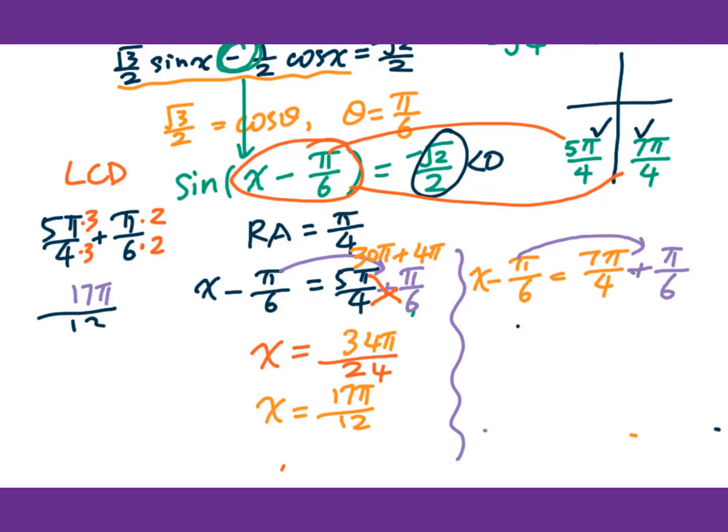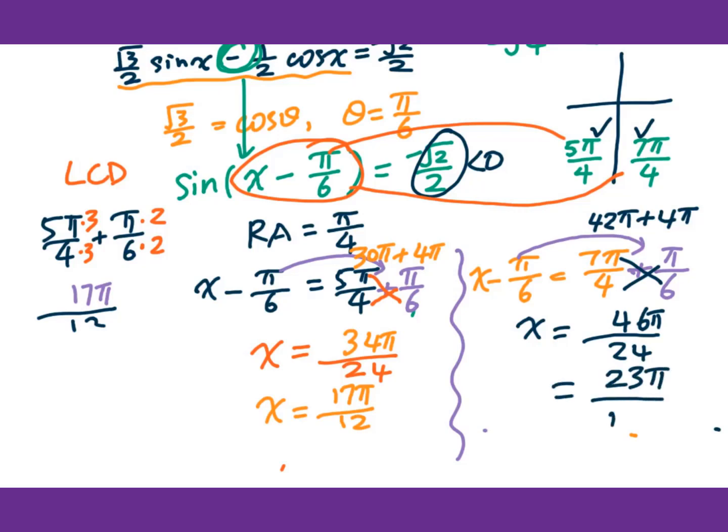So we go over here. I'm still doing denominator multiplied is 24. Cross multiply. You got the 42 pi plus 4 pi, that's 46 pi. Reduce, you will get the 23 pi over 12. So this will be the final answer.